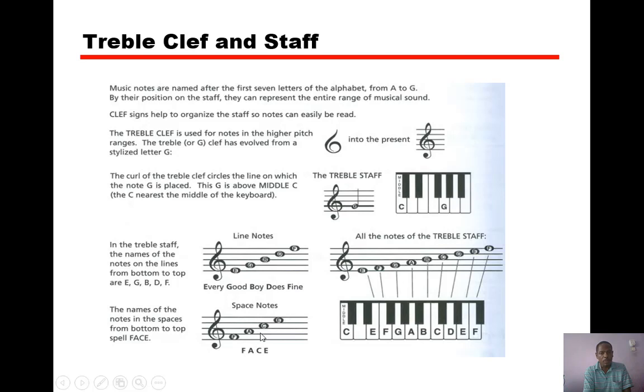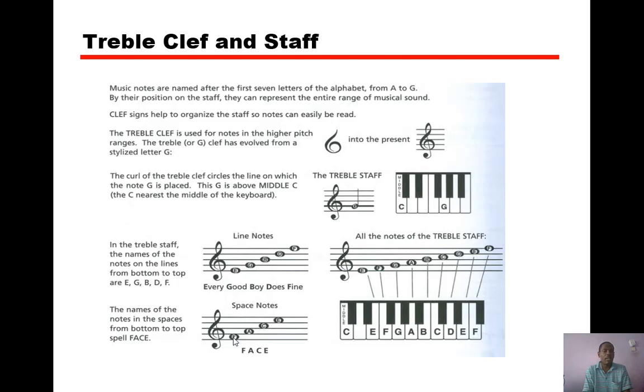Then in the treble staff, once again, there are 4 spaces. These 4 spaces are given the letters F, A, C, and E. Now one thing to note is that in music we have 7 letters that are used to represent lines and spaces.